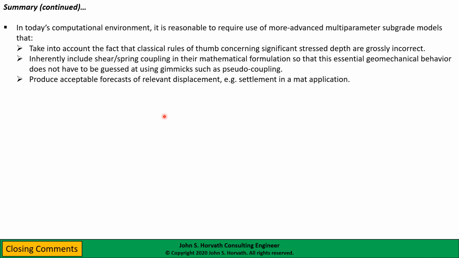And we need to produce one set of displacements. And this would be settlement of a mat in the mat application. The idea that there's separate settlements for structural analysis versus geotechnical simply is not defensible anymore.